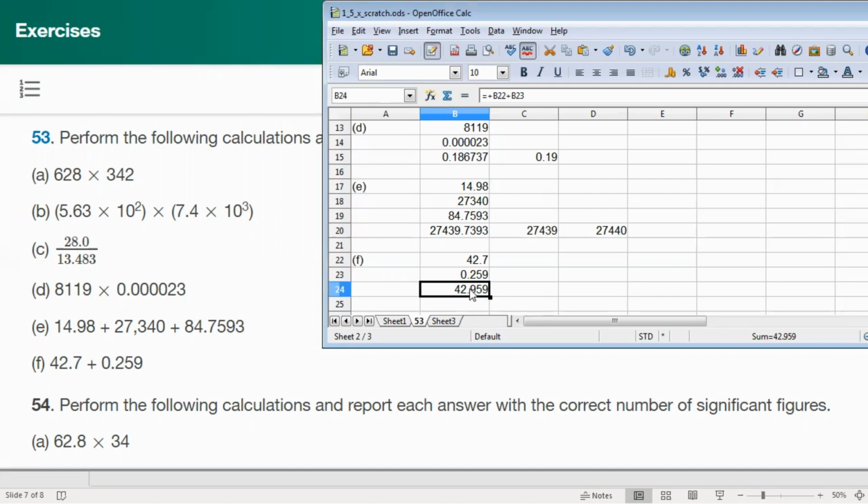So we have to make this a 0 and then add that 1 to the next adjacent digit. And that number is 43.0. And again, I don't like the fact it does some of this automatic formatting. The number should be 43.0. That's my calculation, and that agrees with the answer in the answer key.